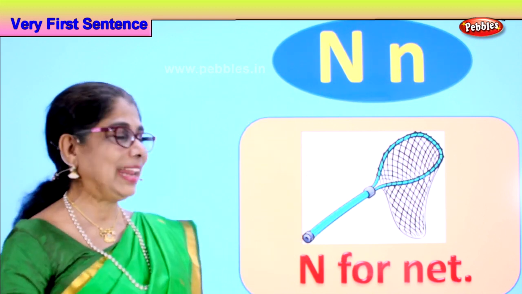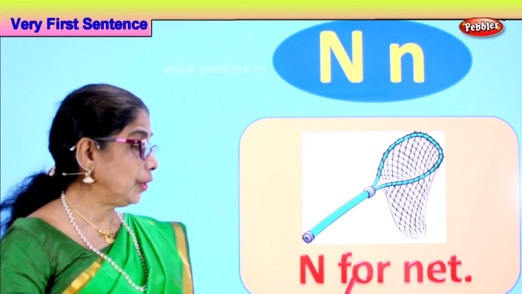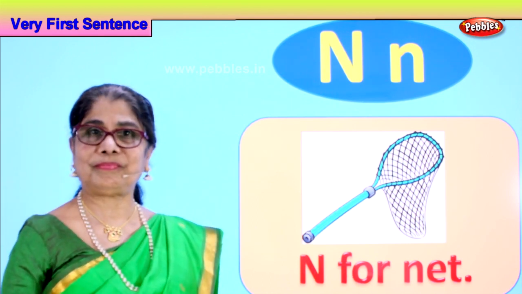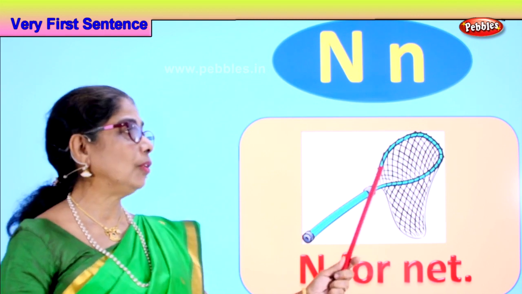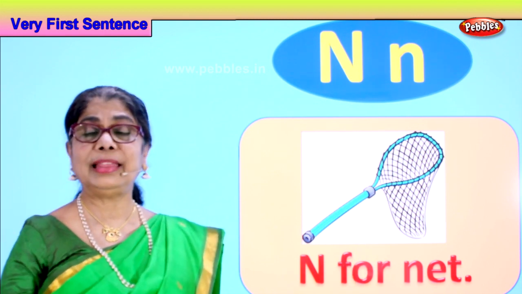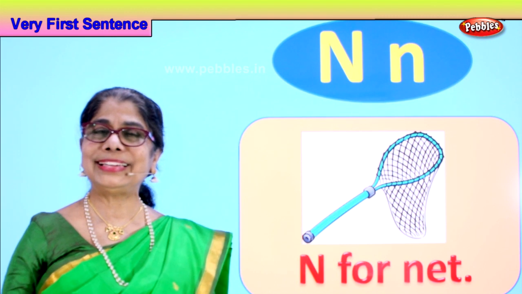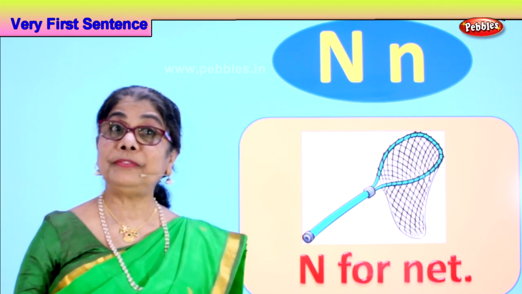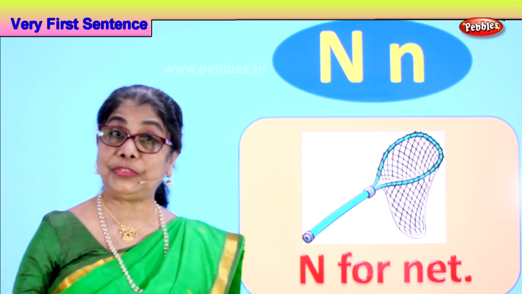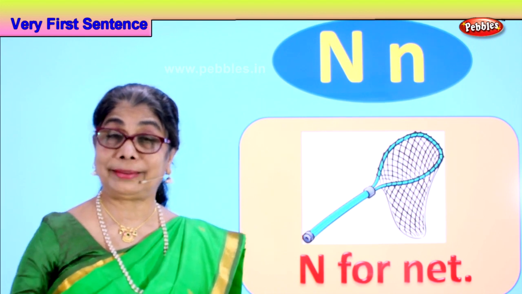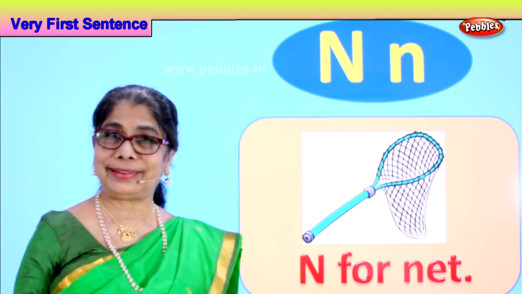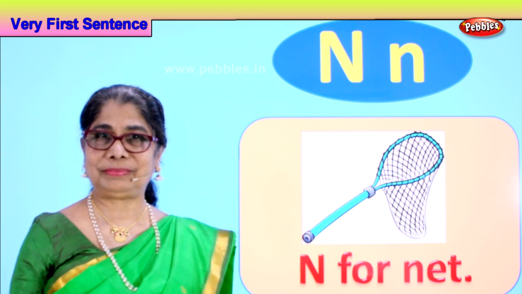Now, N for net. It can be any net, not only this kind of net. The nets are of different size, different shape. The fishermen who go to the sea to fish, they have huge net, very big net to catch the fish.